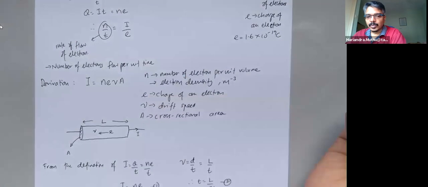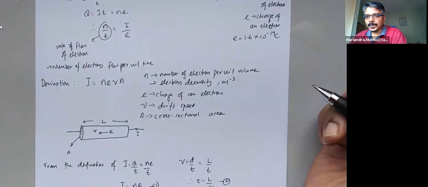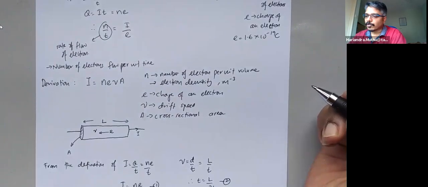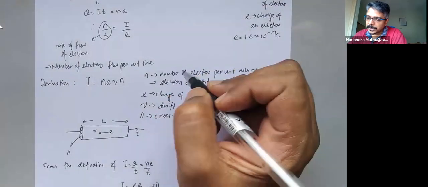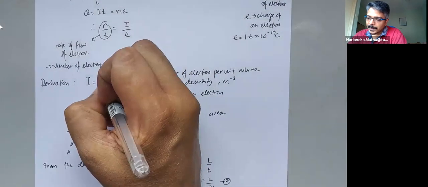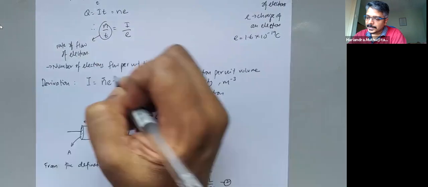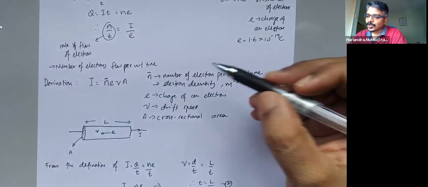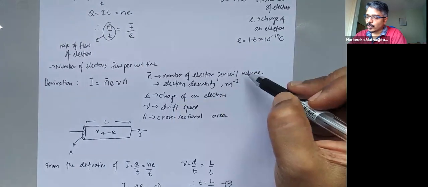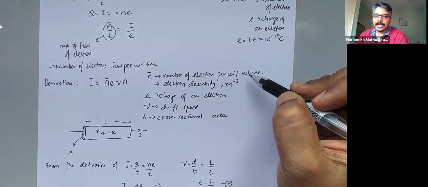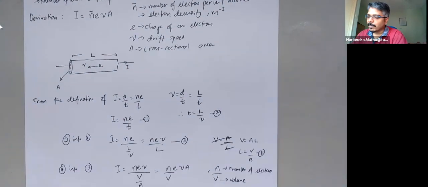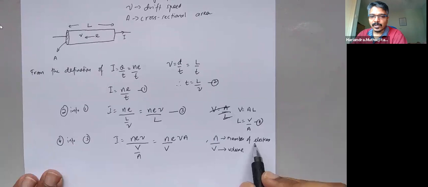To ensure that the students are not confused, I'm going to put a bar here to differentiate that this is the number of electrons per unit volume, whereas this N without the bar is just the number of electrons.